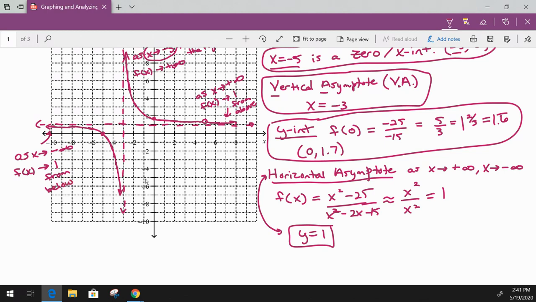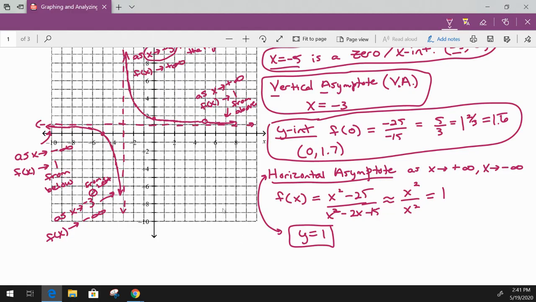And then this end of the branch, as x approaches -3, but it's coming from the left side. To symbolize that, we're going to have that little negative here. This just means from the left. The graph is going down, down, and down. So that graph, f of x, is approaching negative infinity.